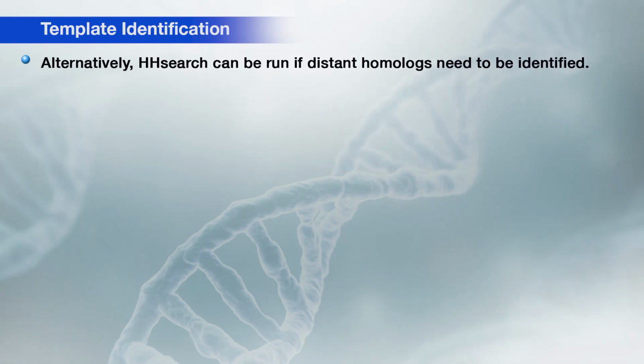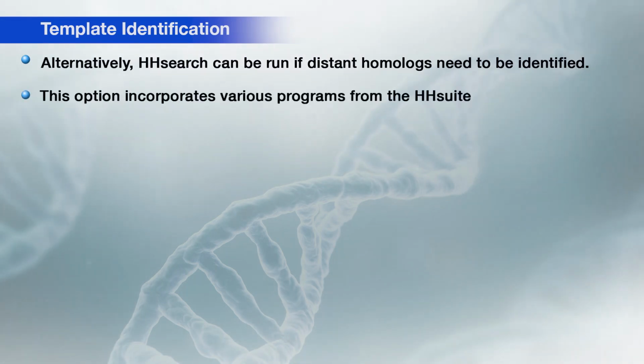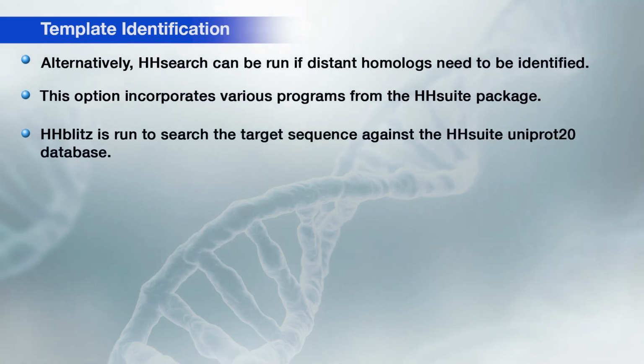Alternatively, HHsearch can be run if distant homologs need to be identified. This option incorporates various programs from the HH-suite package. HHblits is also run to search the target sequence against the HH-suite's UniProt20 database.